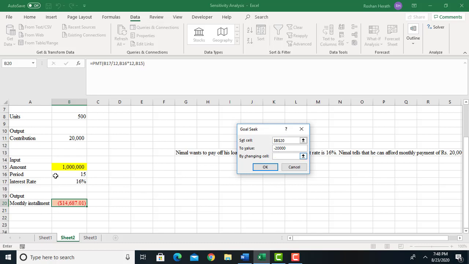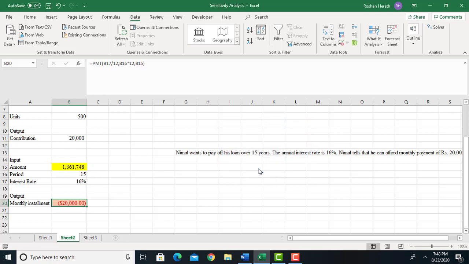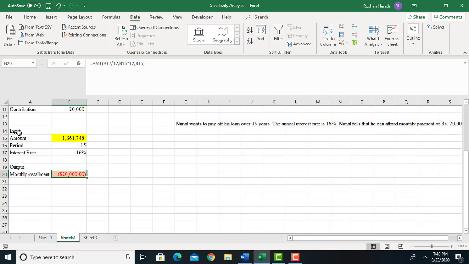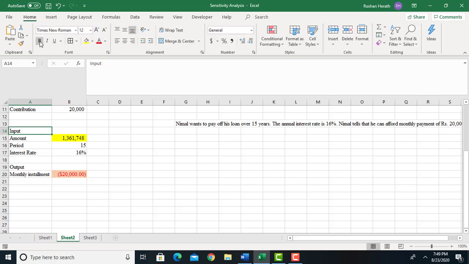Then you want to change what? The loan amount. Then say okay. It will work out and give you, for a 20,000 monthly installment, an amount of 1,361,748 that Nimal can go for. See how quickly you can work this out. If you were supposed to work this out manually, it would definitely take a whole lot of your time. But here you have witnessed that you worked that out in no time.